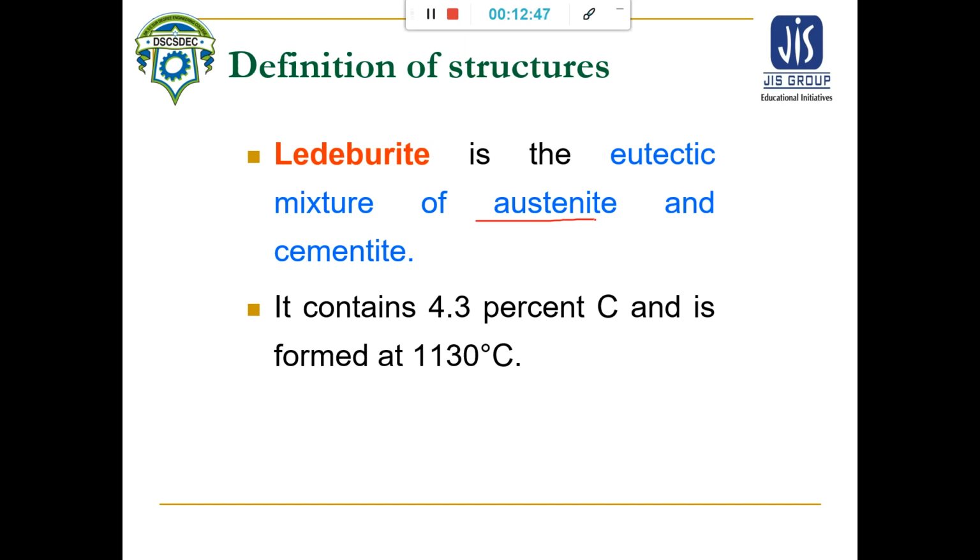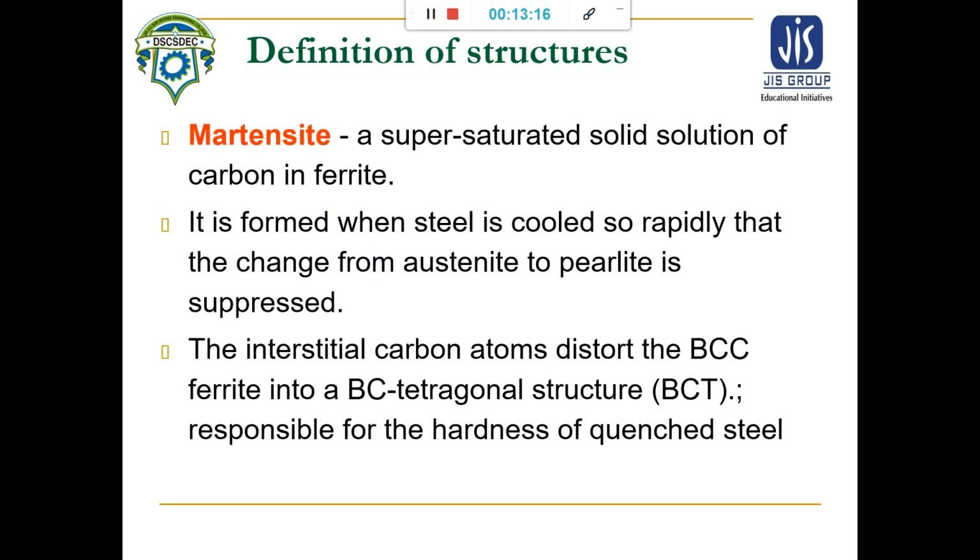In the eutectoid reaction, pearlite forms, which is a mixture of alpha ferrite and cementite, and ledeburite is the product of a eutectic reaction, consisting of austenite and cementite. It contains 4.3% of carbon, and it is formed at 1130 degrees Celsius. Next is martensite. Martensite is a metastable state.